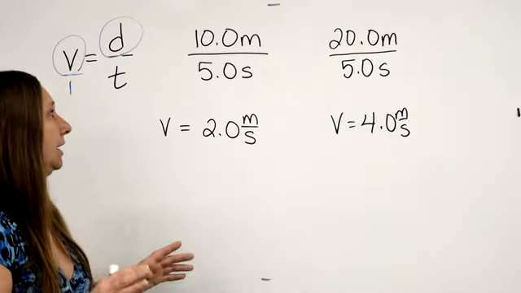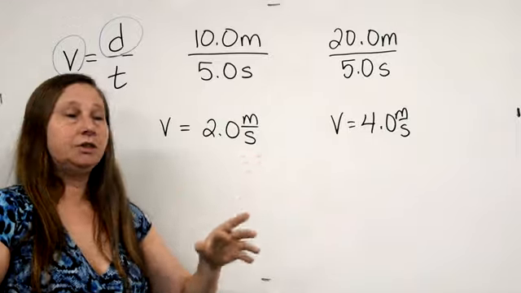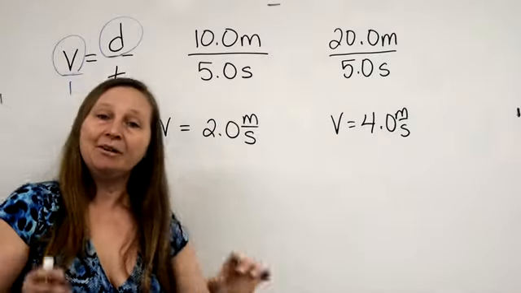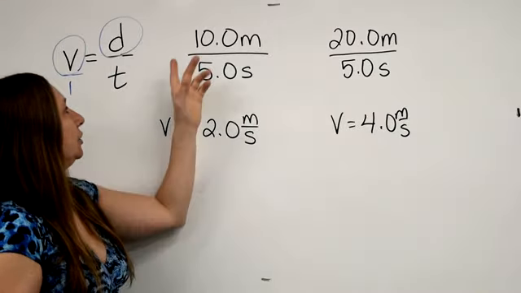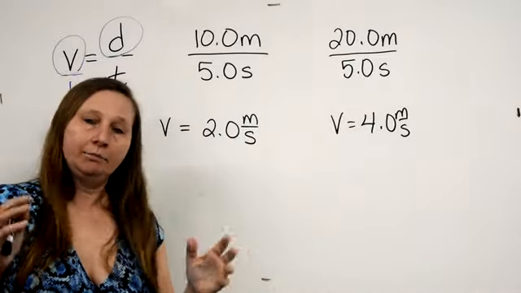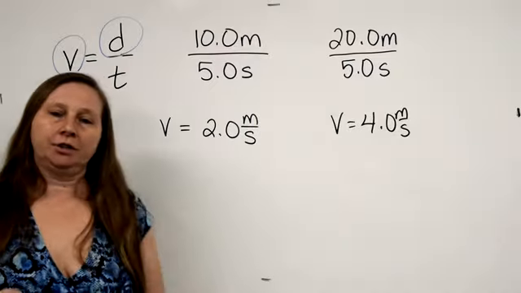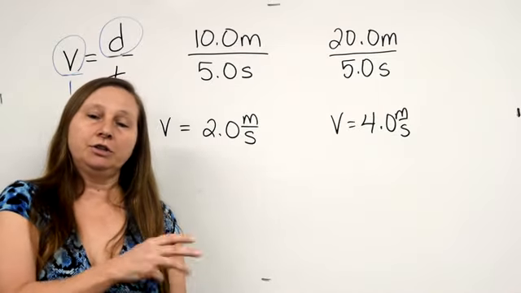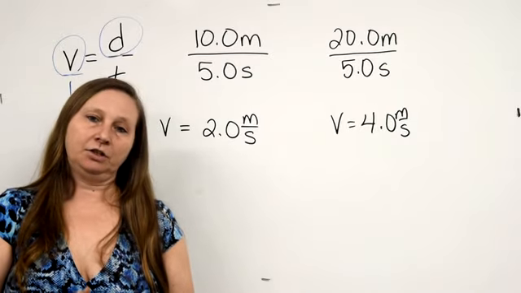So if the distance here were doubled, the speed would double. If the distance were halved, the speed would halve. If the distance were 10 times more, the speed would be 10 times more than the original. So it's not just that if one increases, the other increases. If one decreases, the other decreases. The change is exactly the same.